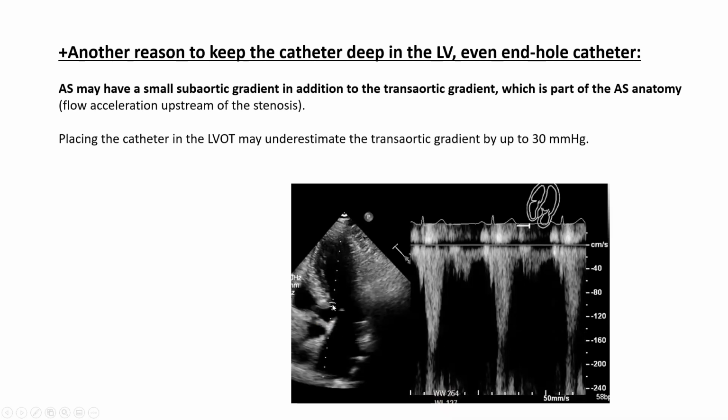That's the same reason why, when measuring LVOT velocity by echo, you should not put the LVOT cursor too close to the aortic valve, because you'll be catching part of the AS flow acceleration. This is not subaortic LVOT obstruction. This is part of the AS anatomy, the AS flow acceleration, and the continuum of gradient that you build before you reach an obstruction. So that's another reason to put your catheter deep in the LV body.